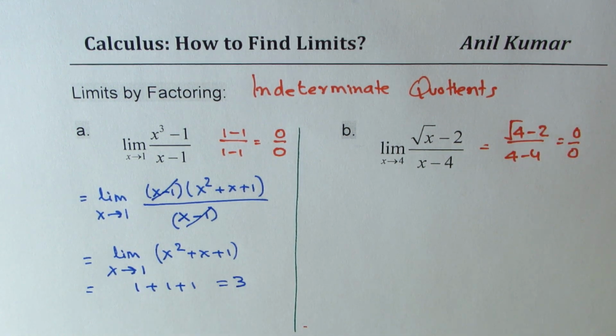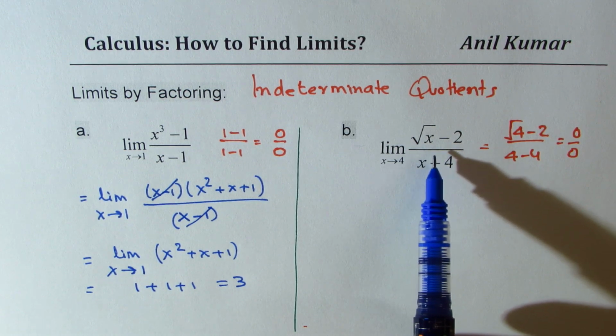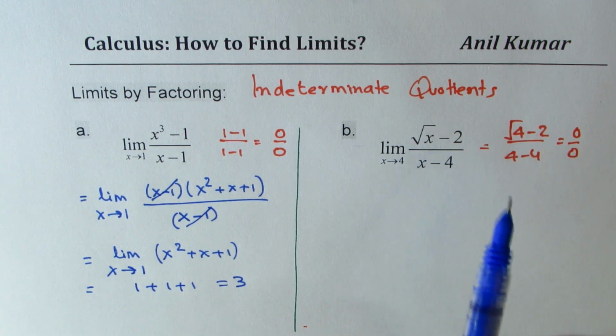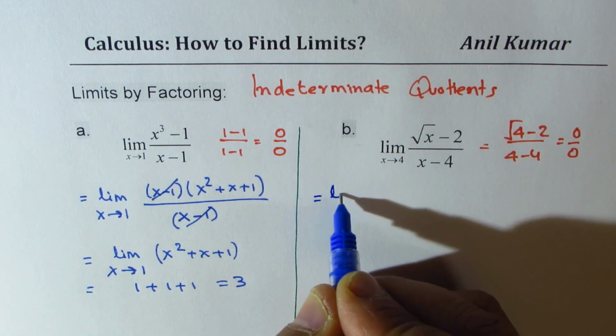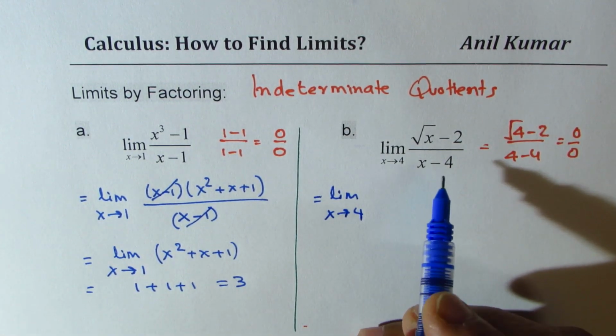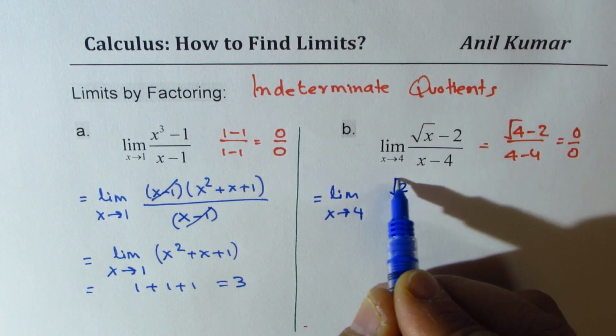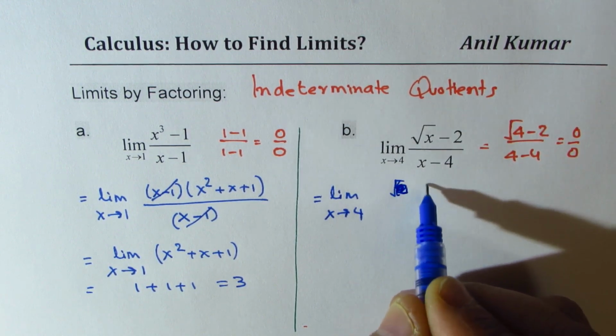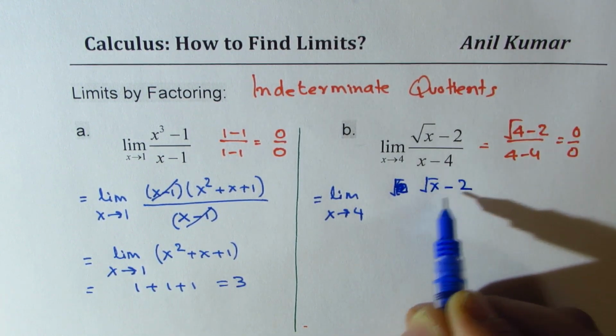Now next example, again, we could do it by rationalization, but we'll do it by factoring here. Now you could write this as limit x approaches 4. The numerator is square root of x minus 2.